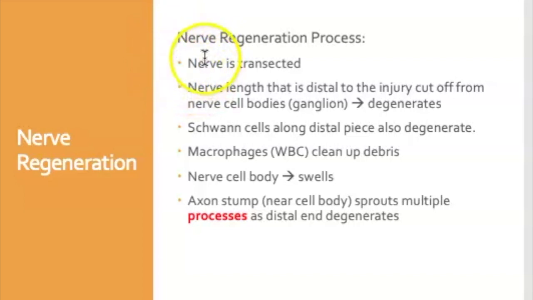Imagine that there's an injury to your arm, and a nerve inside your arm is transected. It is cut in half. The nerve that is distal to the injury, so whatever piece of axons is on the distal side, cannot regenerate because it's not attached to the nerve cell body.